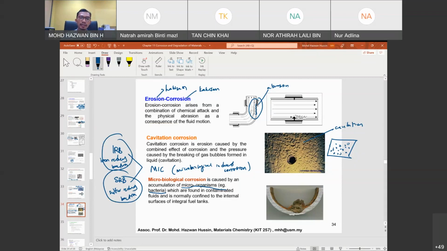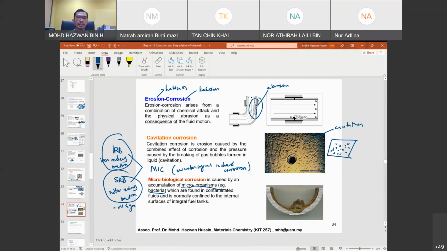It can be categorized either as iron reducing or sulfur reducing. Sulfur reducing normally happens in the oil and gas environment, because it has a lot of H2S and sulfur, and this bacteria can survive with the presence of sulfur. It can convert the sulfur into H2S and make it more corrosive.